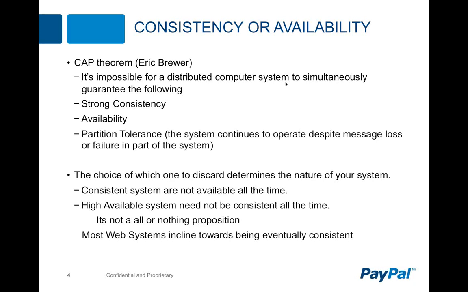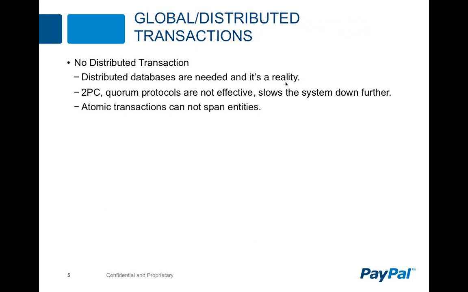This CAP theorem was proposed by Eric Brewer, who was within Inktomi, which was eventually bought by Yahoo. It's called a theorem because a bunch of academics actually proved you can either get strong consistency or availability. So you have to pick one or the other.